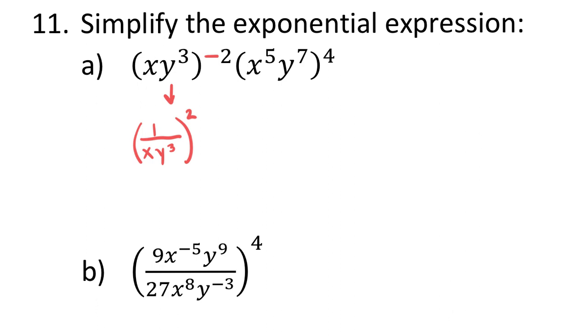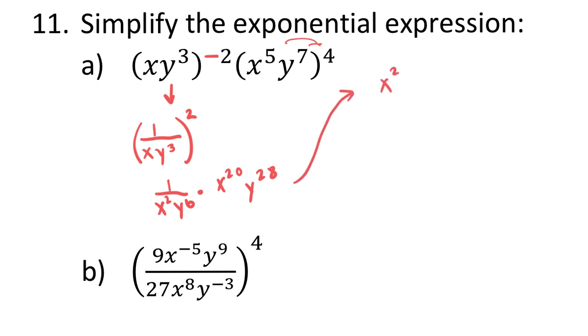And then I'm going to distribute that 2 through. So 1 squared is 1, x squared, y to the third squared is y to the sixth. I'm also going to distribute this 4 exponent on my second parenthesis. So that would be x to the 20th, y to the 28th.